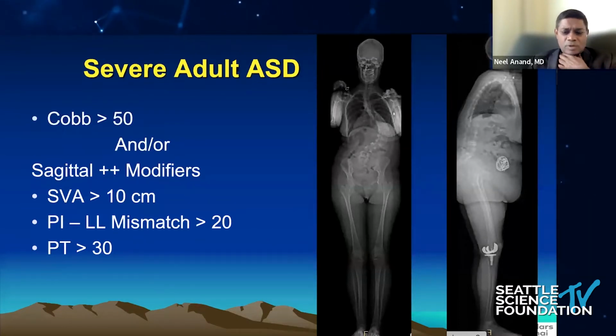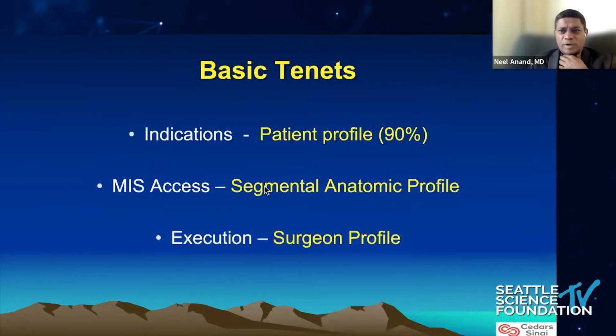So hopefully we can come to a point where we can discuss basic tenets. I think this is really important. The indications for me are massive, and patient profile is a huge part of it, and that's 90% of everything you're going to see. This talk cannot assess that and will not discuss it, but it's a really important part of what you're seeing here. The next is this: the MIS axis, to me, is tissue sparing and anatomy focused.